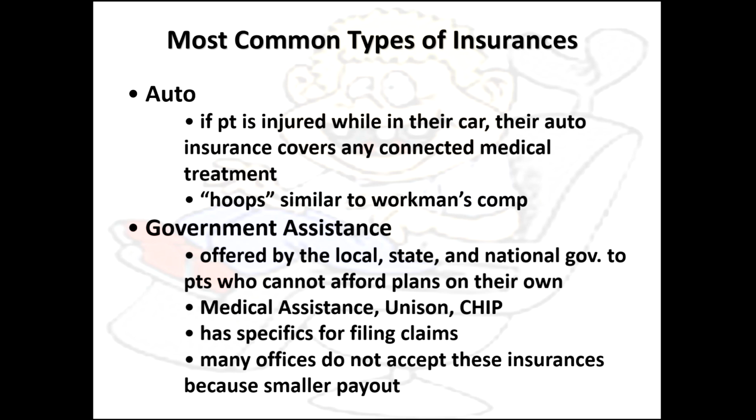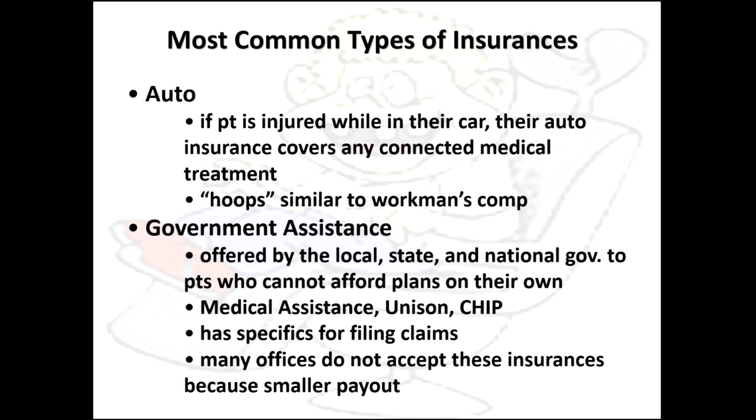There are a lot of offices that don't accept government assistance insurance, mainly medical assistance. Most offices always accept Medicare, but it's really medical assistance and Unison and Medicaid that are typically denied, and the reason is that there's very poor compensation for those insurances.